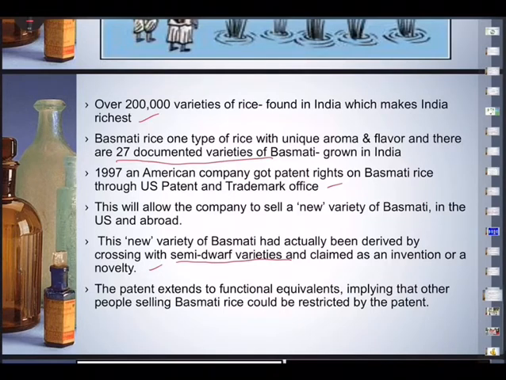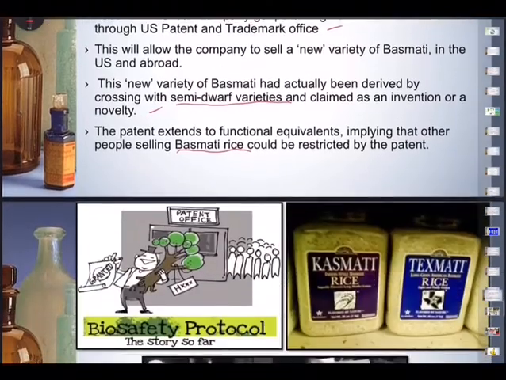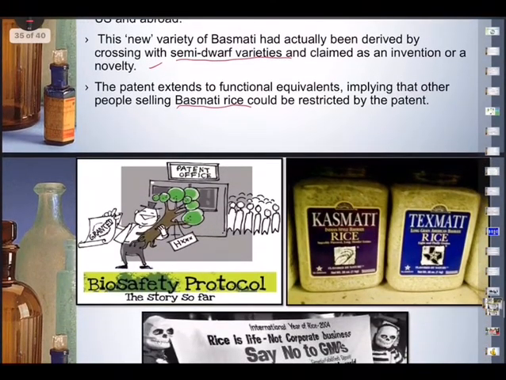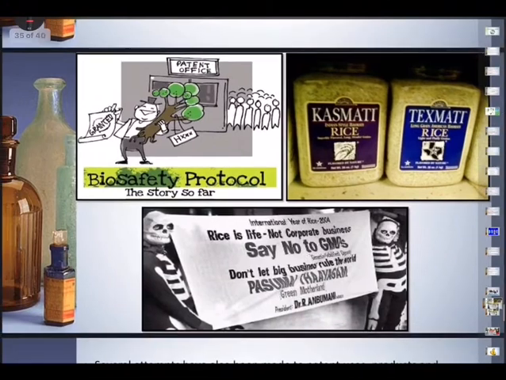Actually, these semi-dwarf varieties already exist with us. The patent extends to functional equivalents, implying that other people selling basmati rice could be restricted by the patent. So even India, having all the varieties of basmati, cannot sell basmati rice in other countries because the patent is granted.